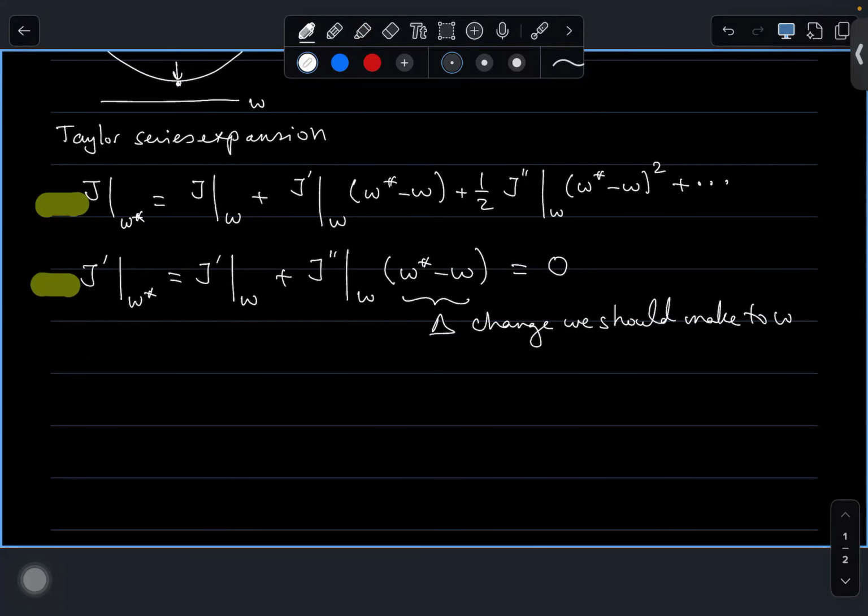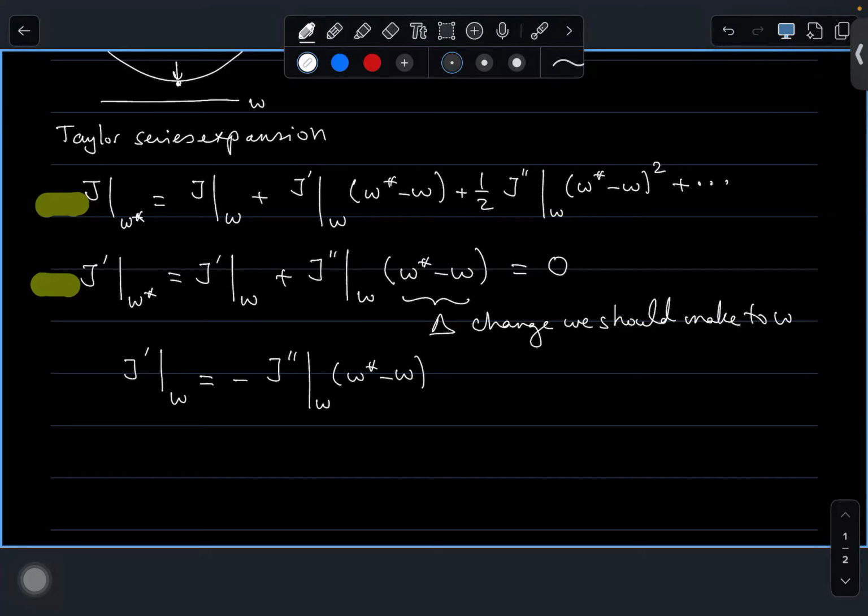So then this delta here, what is that? That is the first derivative. I'll work it out so we don't have to skip any steps here. So the first derivative is going to be equal to the second derivative.